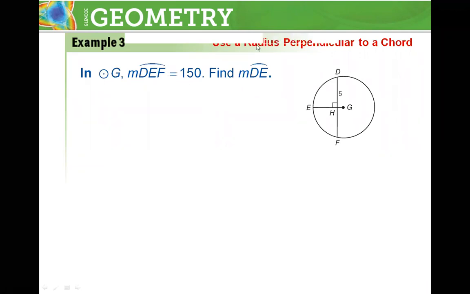Again, if I have a circle G, the measure of the arc DEF, it means all this arc, equals 150 degrees. I need to find the measure of the small arc DE. So DE equals what?